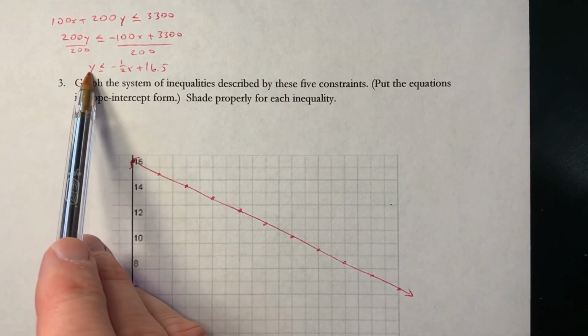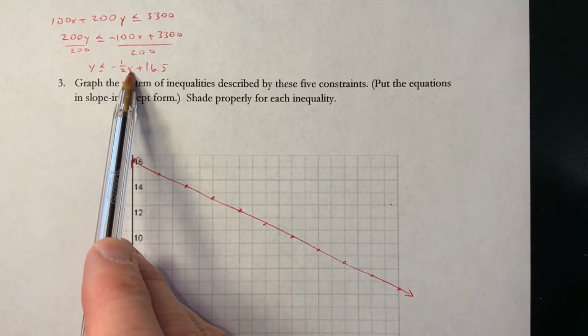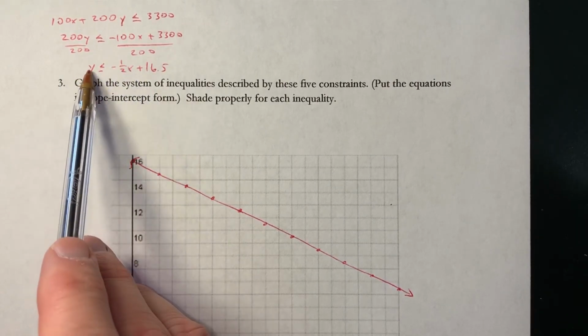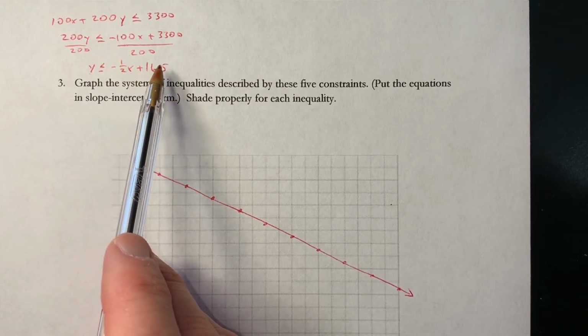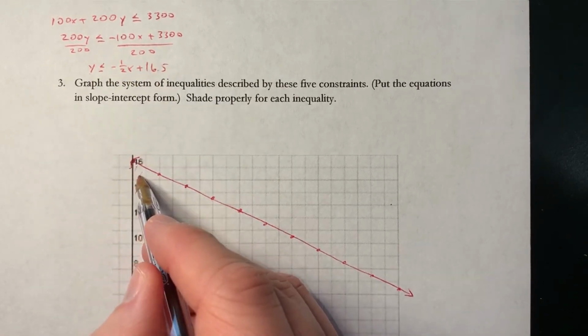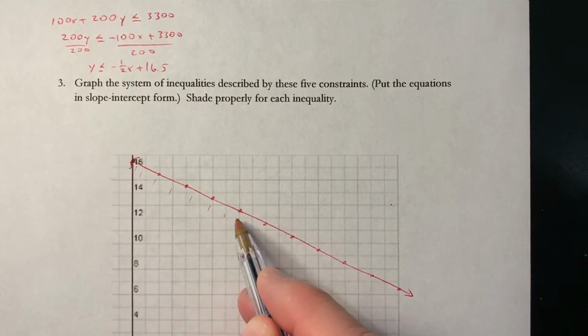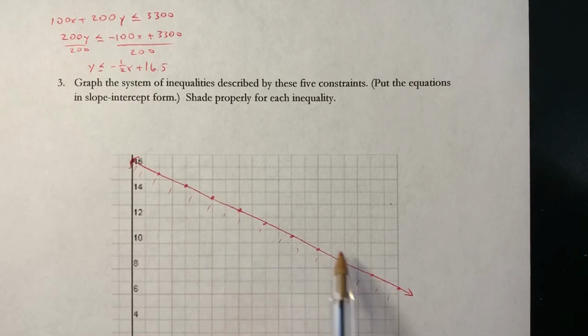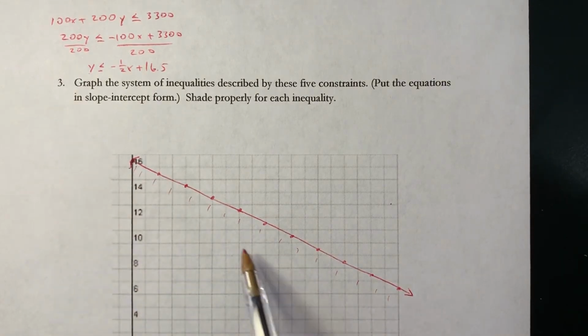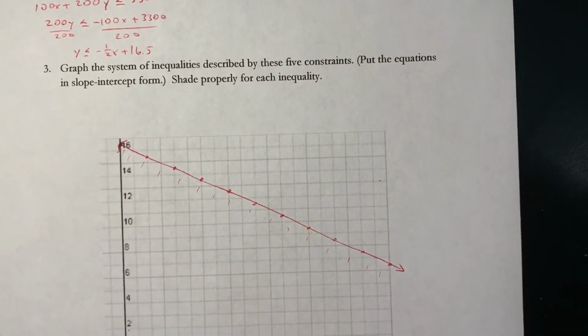If I put in a 0 here and a 0 here for x and y, I get 0 is less than or equal to 16.5, and that is true. So it's actually everything toward the origin that satisfies this inequality. So on this line and all this space down here satisfies the inequality.